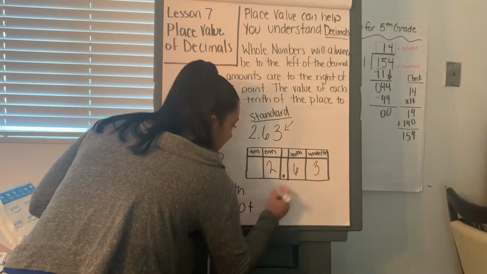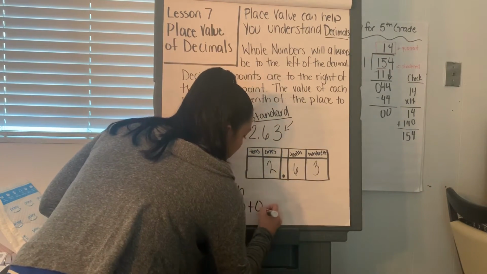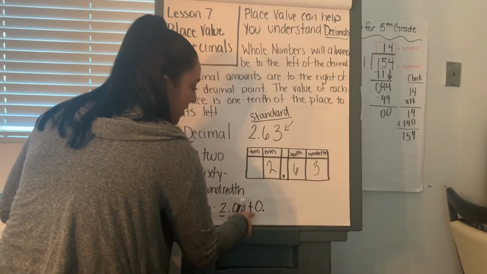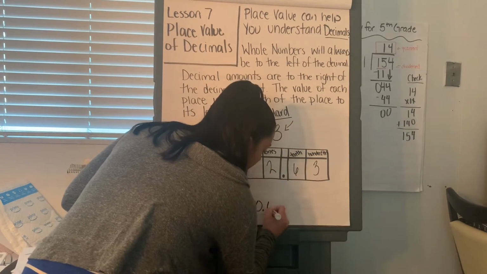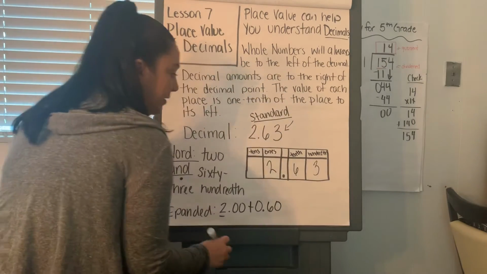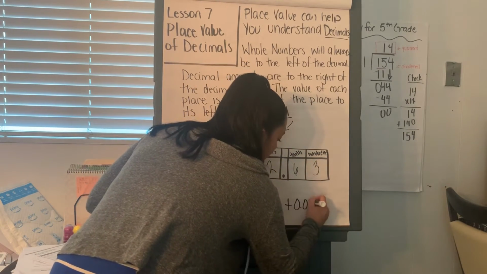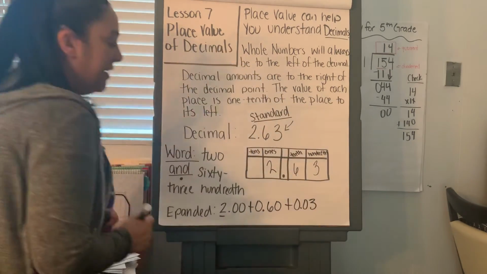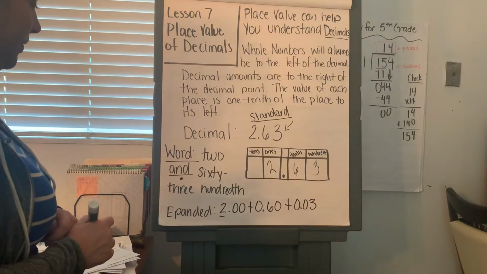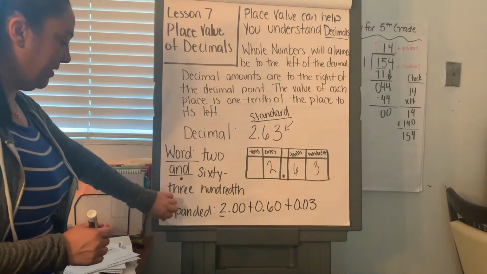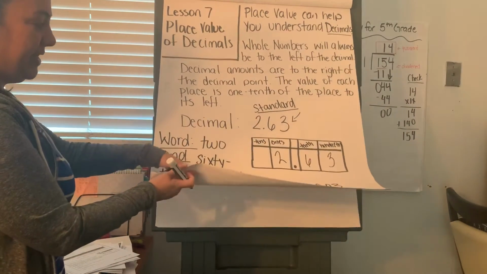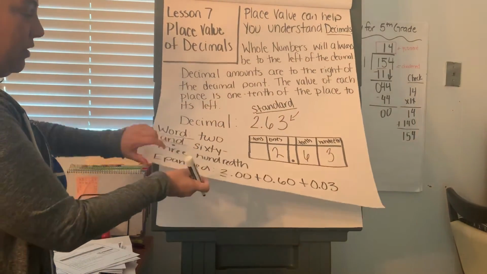And then you add it to the next value. So that next value would be 0 point, because we don't use any other value but that number, whatever place value we're at. And then when we add it to the last one, this is our expanded form for this decimal. Now, I'm going to have you guys watch me do one more example for the place value of another decimal.